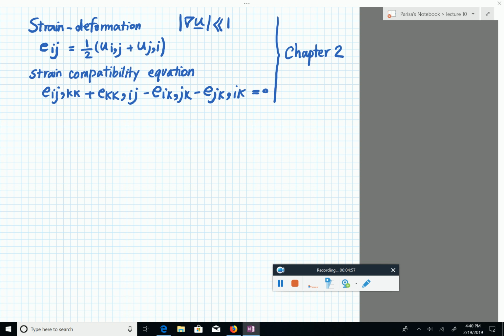So the second important aspect that we need to look at is the equilibrium equations. This is the second ingredient. The first ingredient is that. The second ingredient is the equilibrium equations.